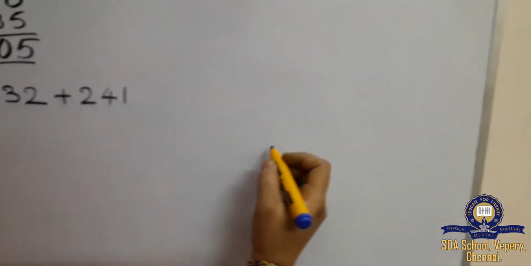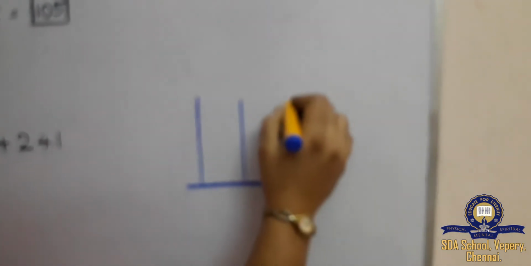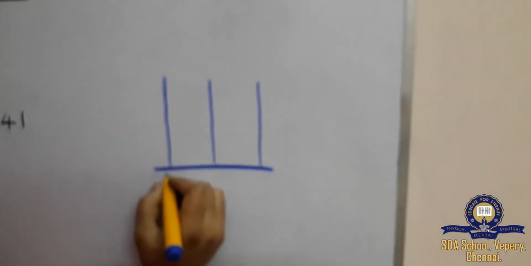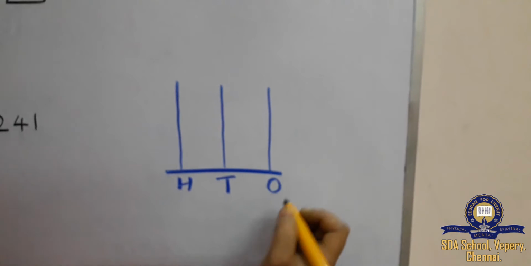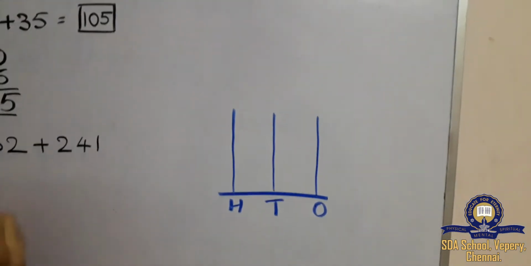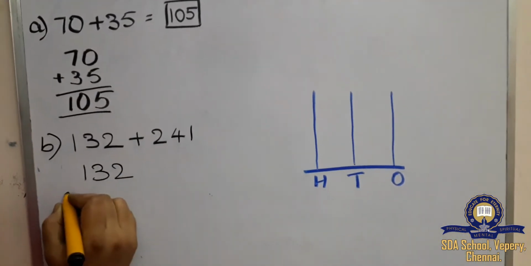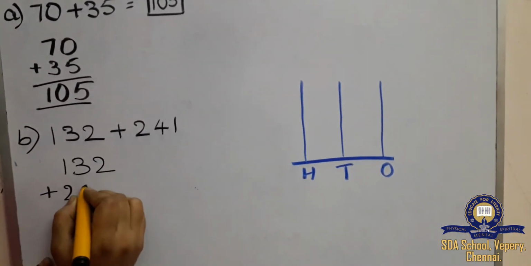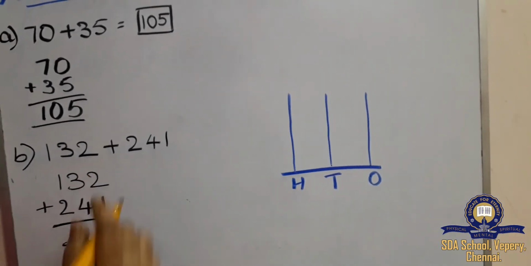Okay, this is hundreds, this is tens, this is ones. Okay, so here first let us write like this: 132 plus 241. Okay, what is here in ones?